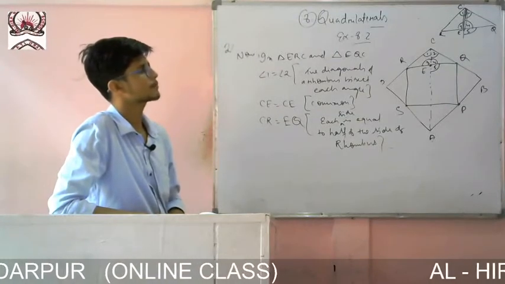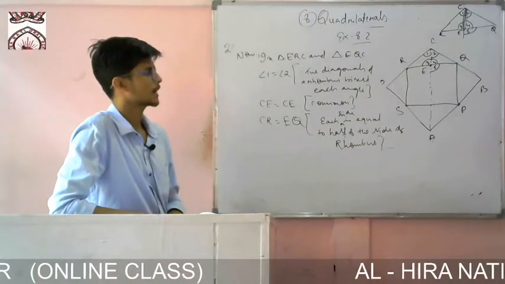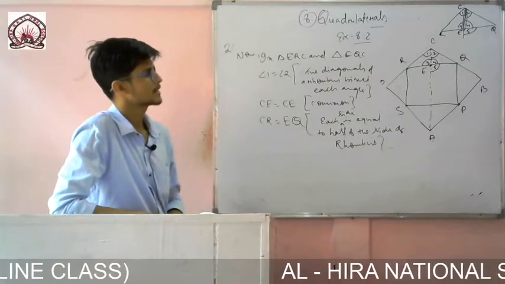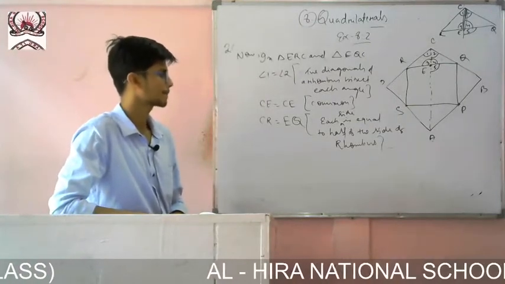R and Q are the midpoints of the sides CD and BC. Okay.